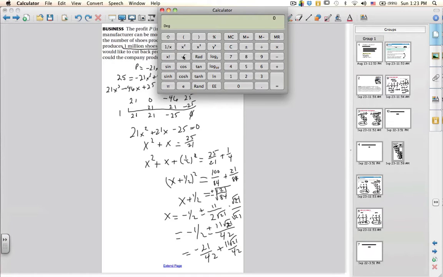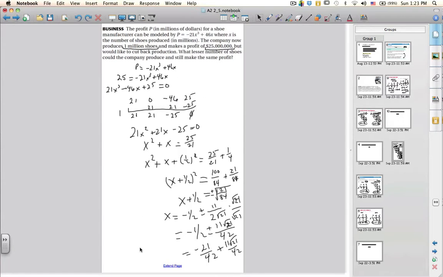So if I go ahead and do the square root of 21, times 11, equals, and then divided by 42, equals 1.2, minus, open parentheses, 21 divided by 42, close parentheses, equals 0.7.